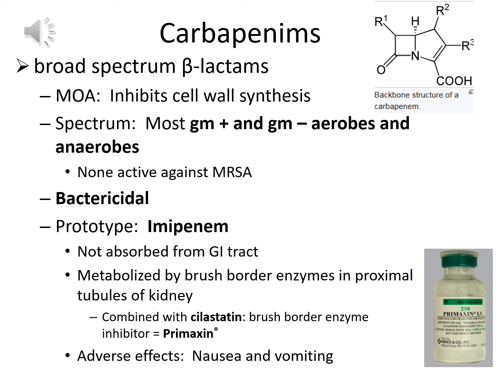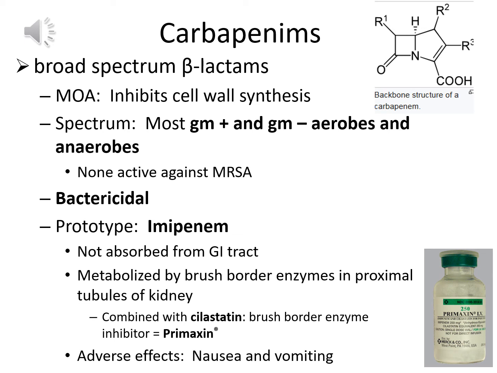This one is really a broad spectrum, which is why it's used very commonly. It gets most gram-positive and gram-negative, both aerobes and anaerobes. So again, it's used in cases where you're not really sure what they have, and we want to make sure that we cover all our bases.